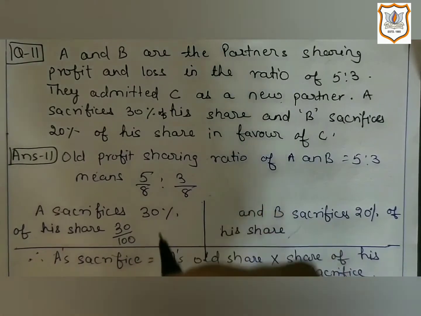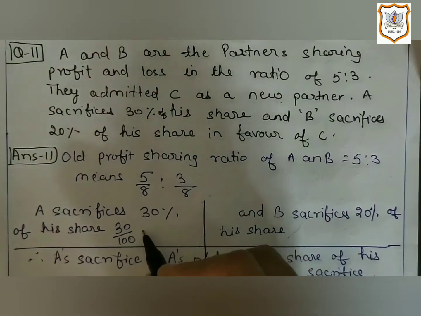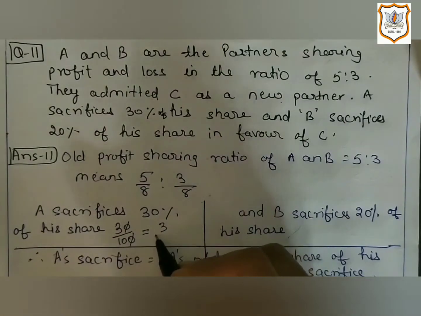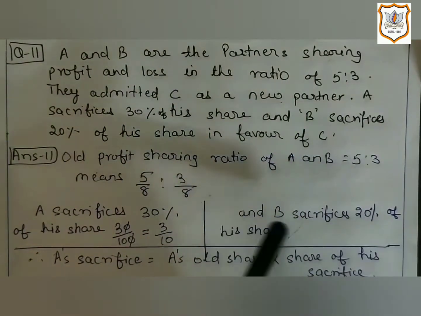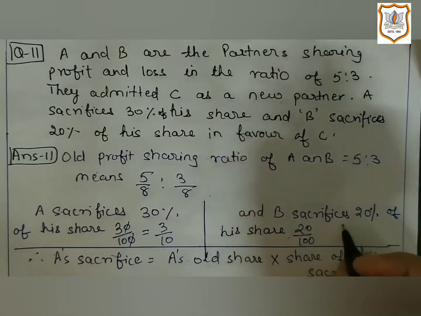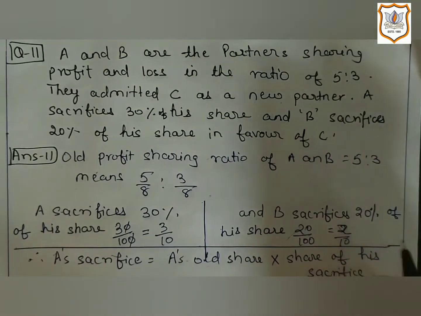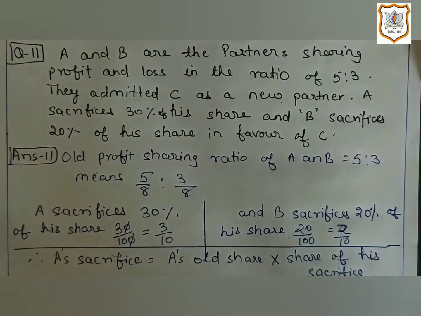And if we simplify it, by cancelling out zeros, 3/10. Similarly, B sacrifices 20% of his share. That means 20 upon 100, again 2 upon 10. That means B is sacrificing 2/10.